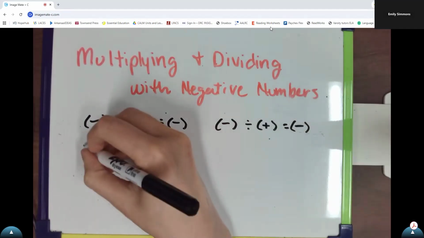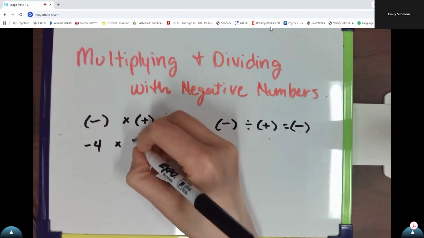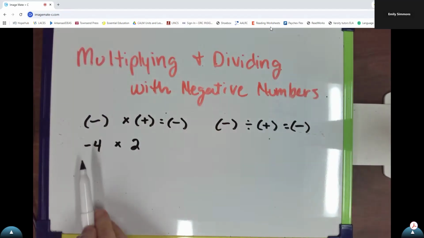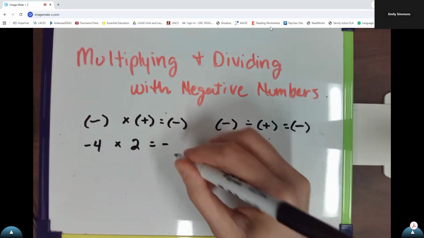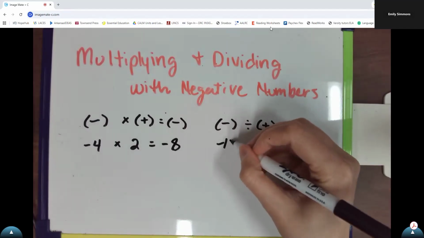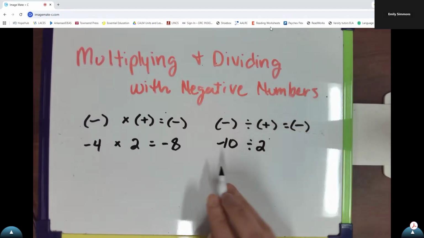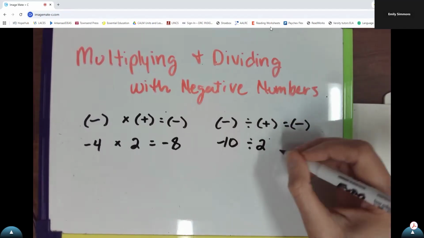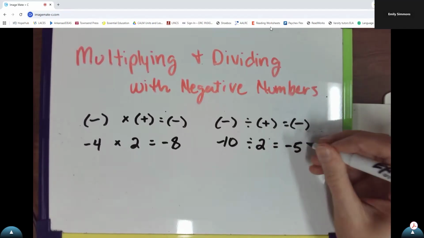So if I had -4 times 2, negative times positive gets me negative, so this is going to be -8. If I had -10 divided by 2, negative divided by positive gets me a negative, so this is going to be -5.